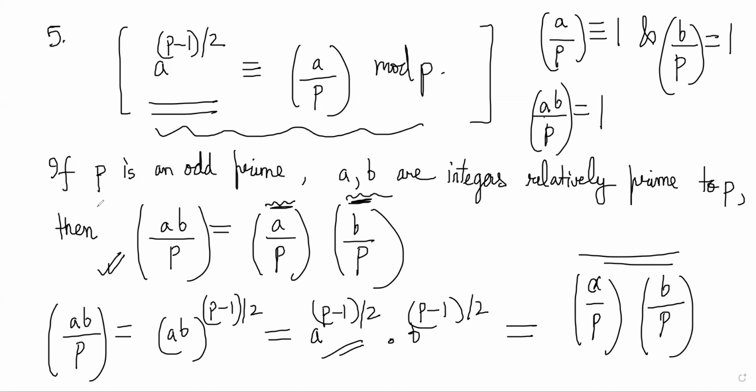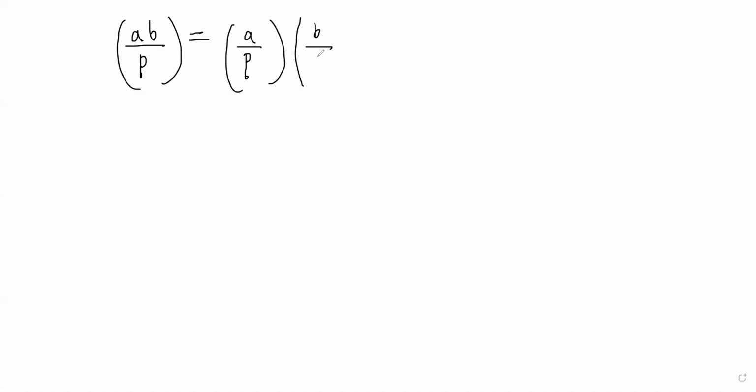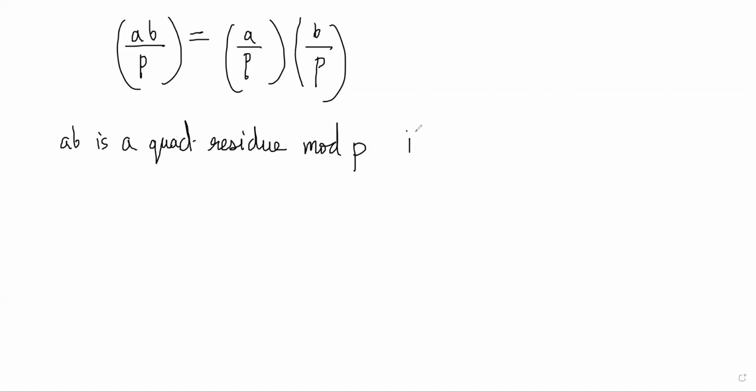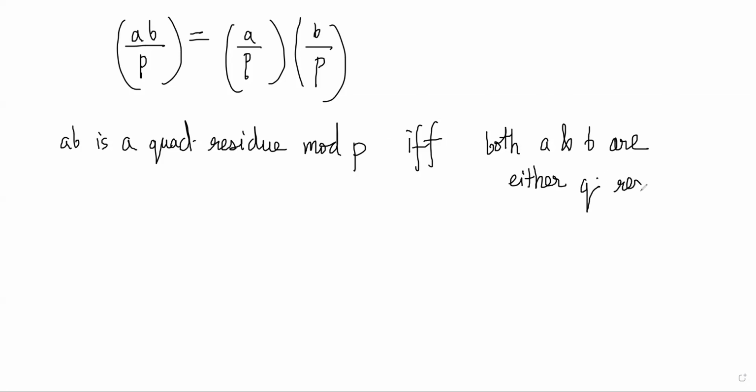So we get these nice rules that because AB over P equals A over P times B over P, we can conclude that AB is a quadratic residue mod P if and only if both A and B are either quadratic residues or quadratic non-residues.